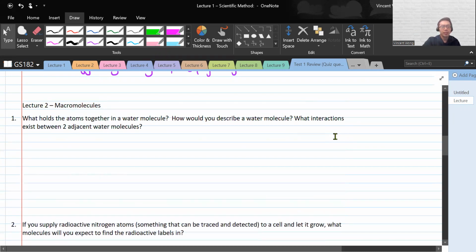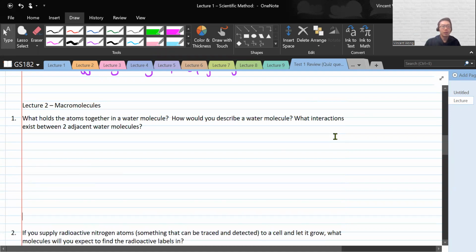All right, let's take a look at this next part here. This is lecture 2. What holds atoms together in a water molecule? Water molecule is a covalent compound. And we know that because it is H2O. It's not a metal plus a non-metal. It is all non-metal.